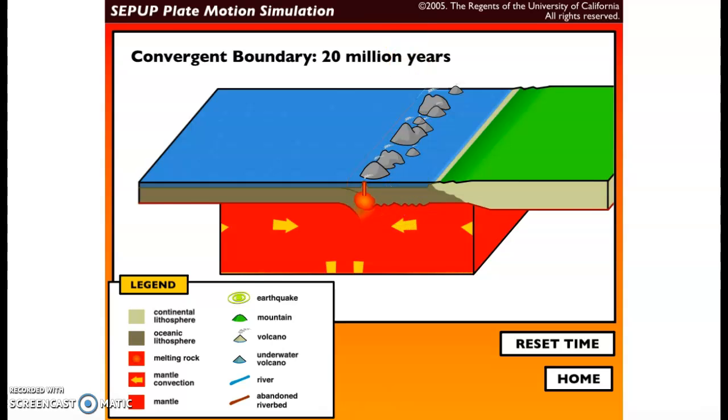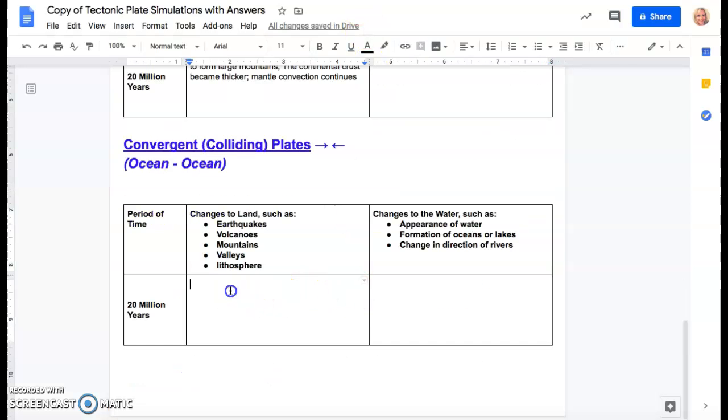So when I write that in my chart, I am going to write that we had many earthquakes.